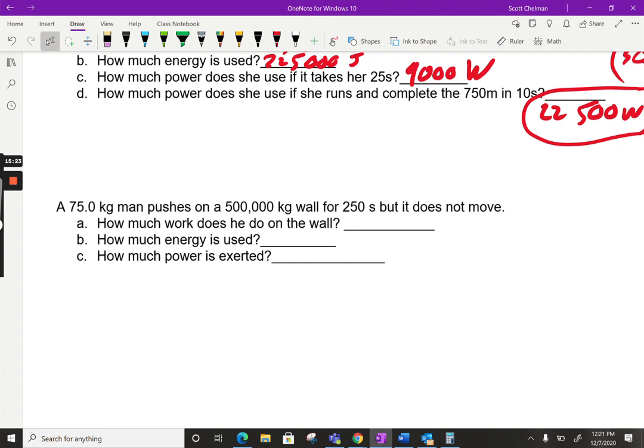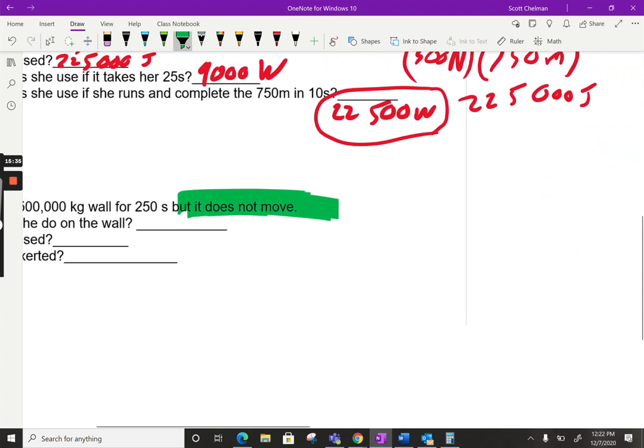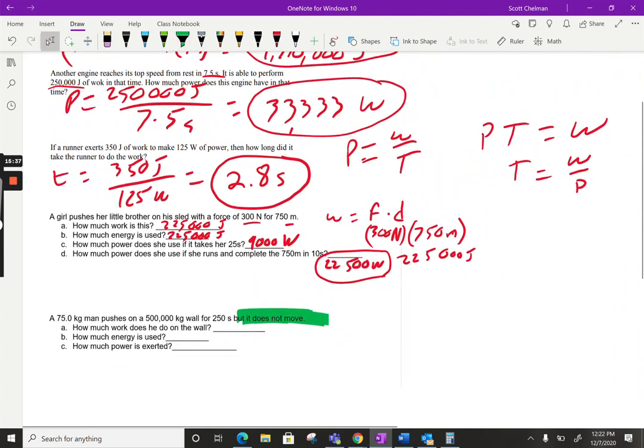There's a part of this sentence that's really, really important. What does that mean? Zero work, right? Because work is force times distance. And if that distance is zero, there's no work, right? Okay.